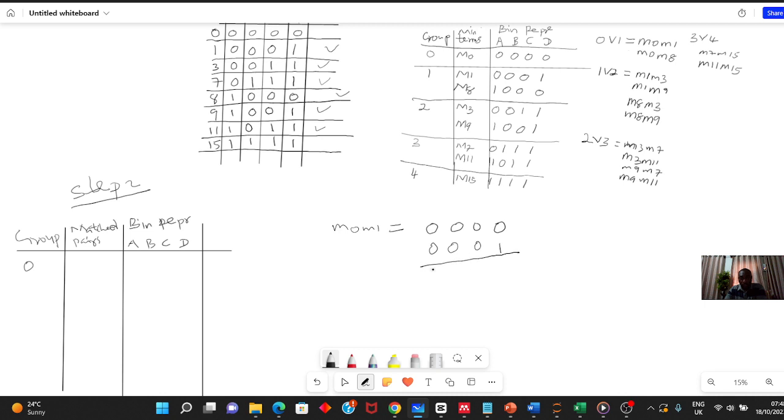So let's match the pairs: 0 with 0 is 0, 0 with 0 is 0, and where you see the difference, you put a dash. We are going to keep this because the change happens just in one instance.